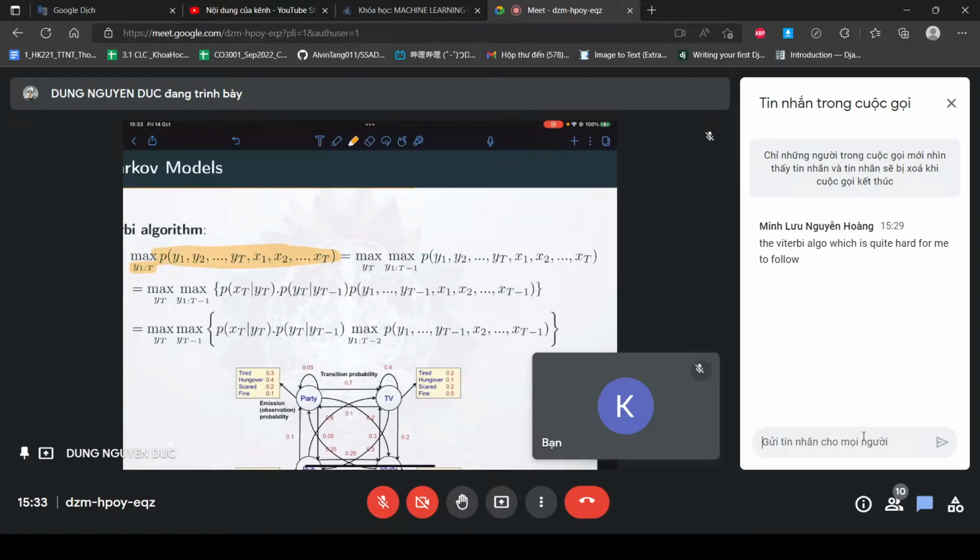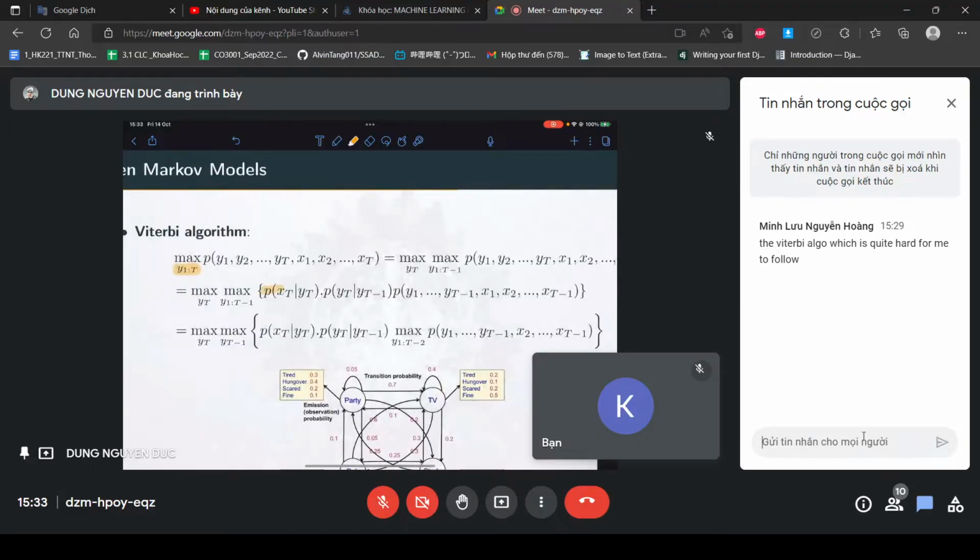And when I expand that joint probability, we get the transition probability from y(t-1) to yt multiplied with the emission probability and multiplied with the rest. Is that okay? We are okay at this point, right?